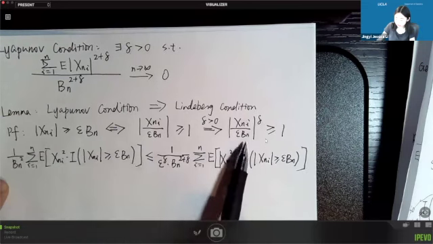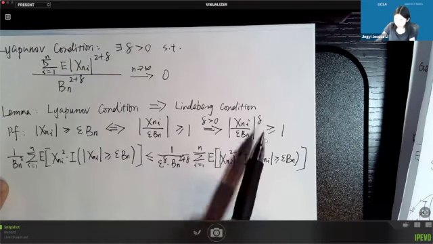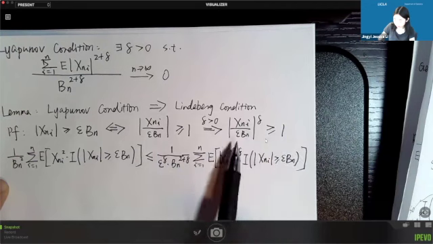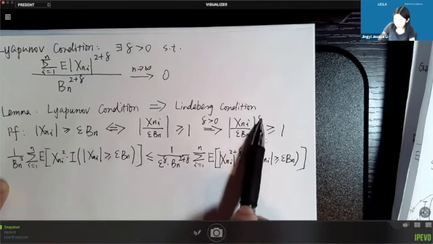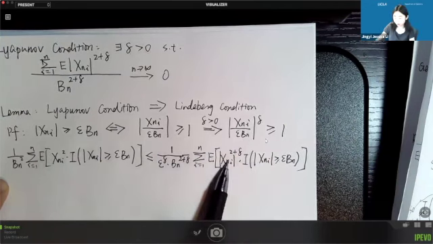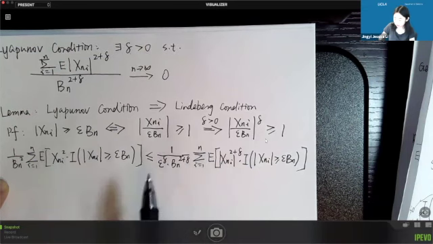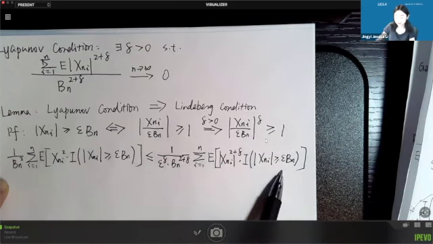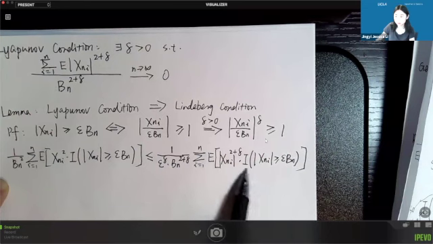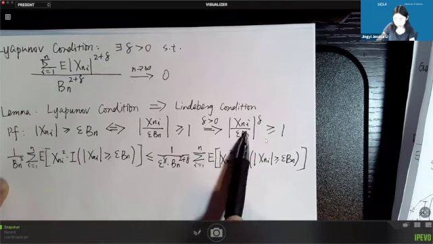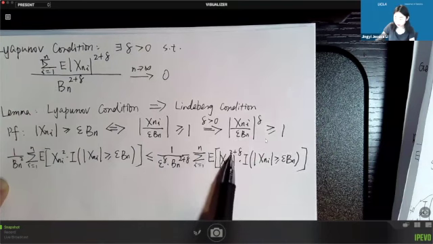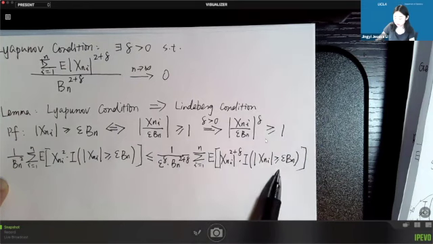And because this holds, whenever this holds, I can actually get this |X_ni| to the delta into my expectation. Why can I do that? Because this is controlled by the indicator. When the indicator is taking value 1, this holds. So I can do the multiplication. When the indicator is taking value 0, it's 0 anyway. I don't care.